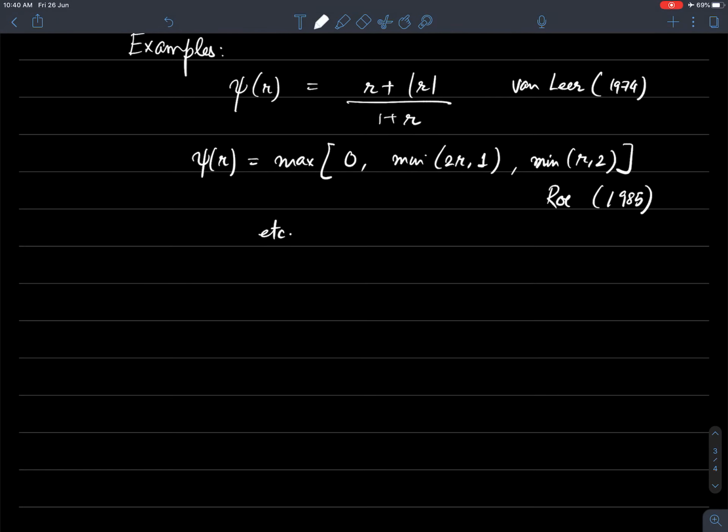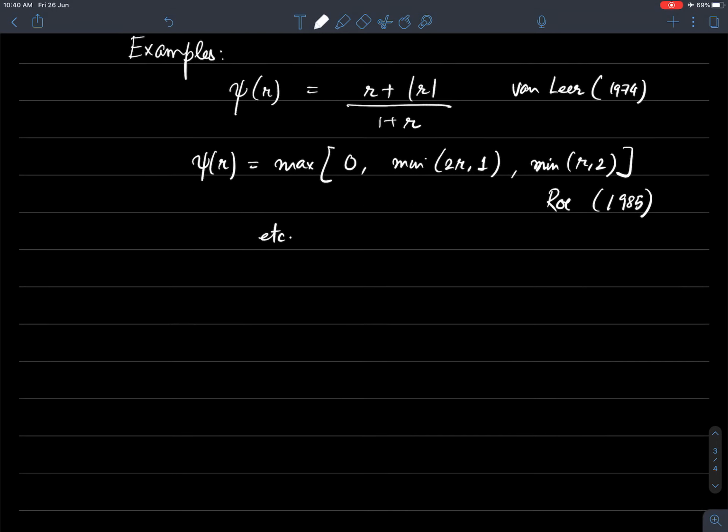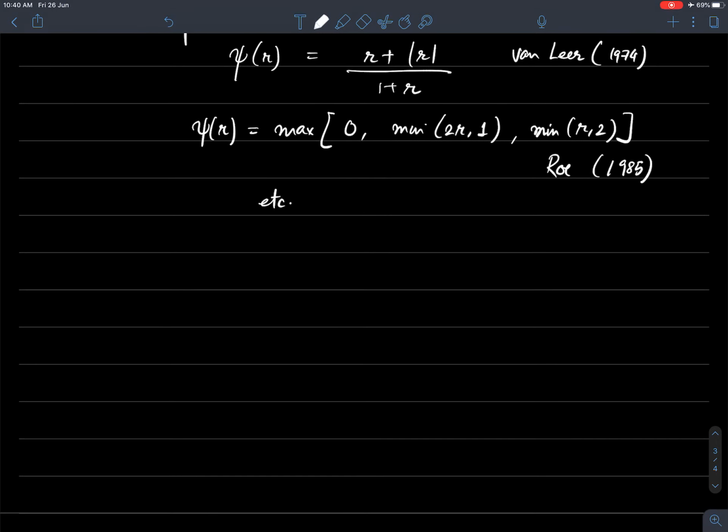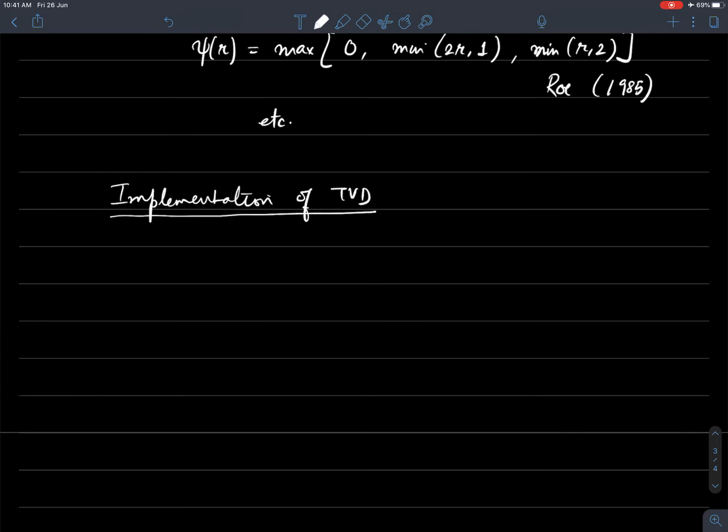Okay, so once these possible functions were derived which satisfy these properties, now let's look at how this scheme is implemented. To illustrate the implementation part, let me use the steady convection diffusion problem.